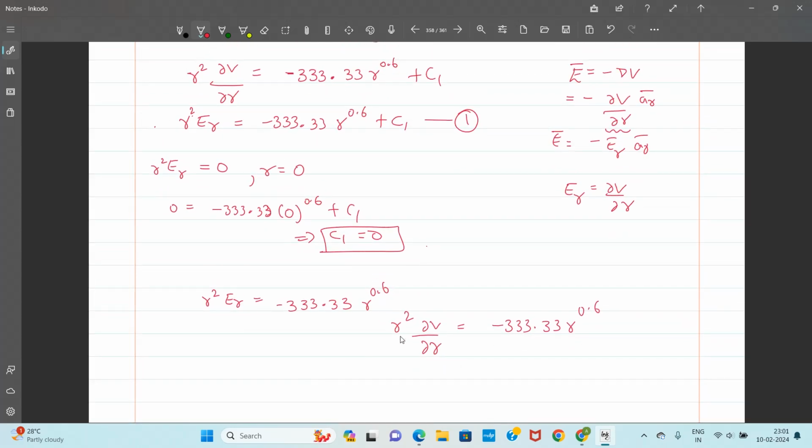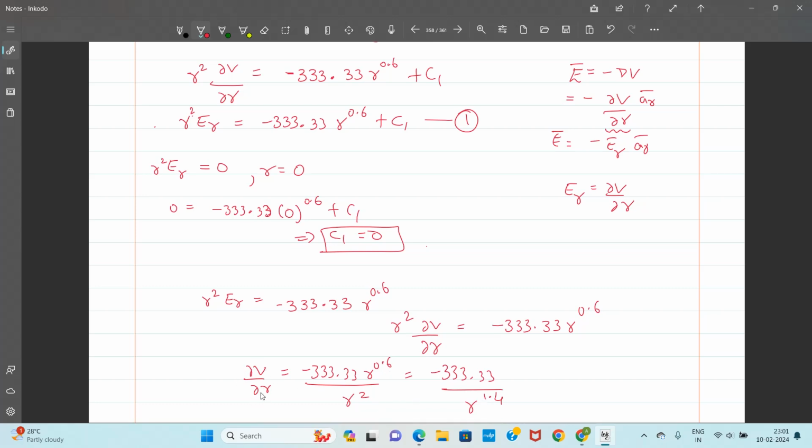Now I'll take this R square to the other side, which will give me dou V by dou R is equal to minus 333.33 R power 0.6 divided by R square. If you simplify that, R power 0.6 by R square will be R to the power minus 1.4, that is 0.6 minus 2.